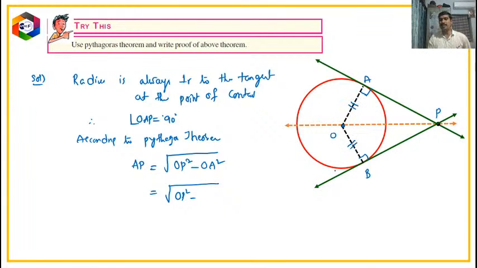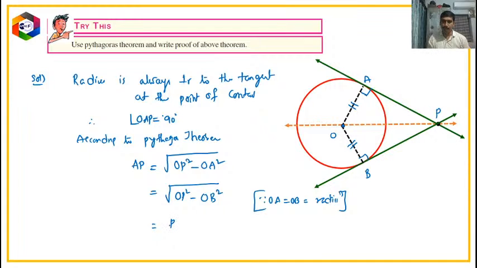Why? Because in a circle radii are always equal. So OA is equal to OB. Now this OA I am replacing with OB, since OA is equal to OB, both are radii, that's why both will be equal. Now if you observe in this triangle, OP is the hypotenuse, square minus this side square, whole root, will be equal to PB.